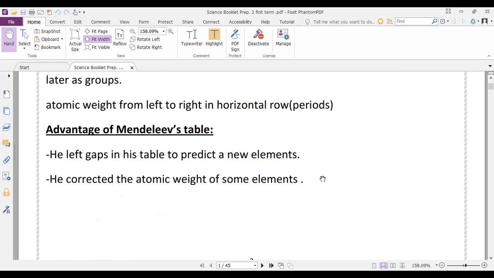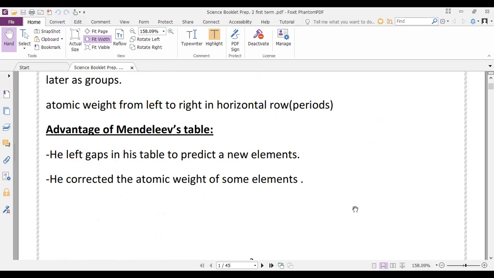First advantage. What are the advantages of Mendeleev's table? Number one, he left gaps in his table to predict a new element. He left gaps in his table predicting the discovery of new elements.